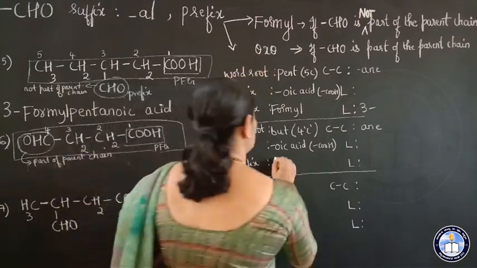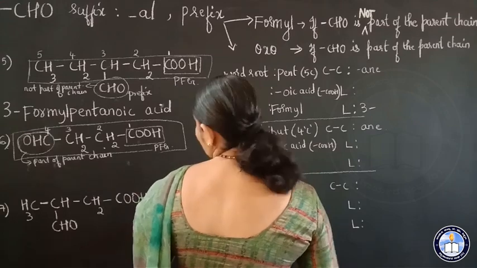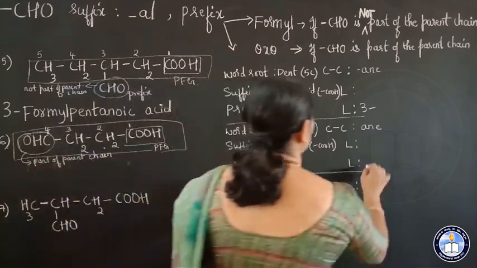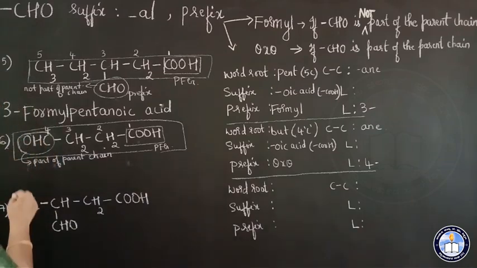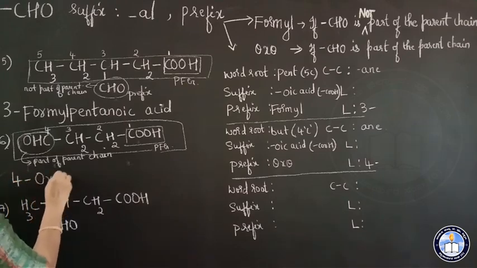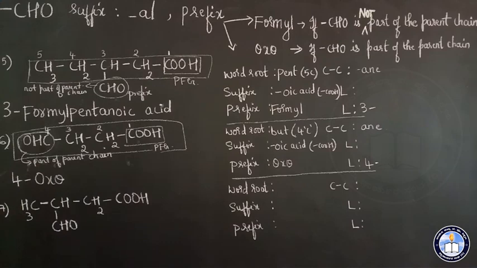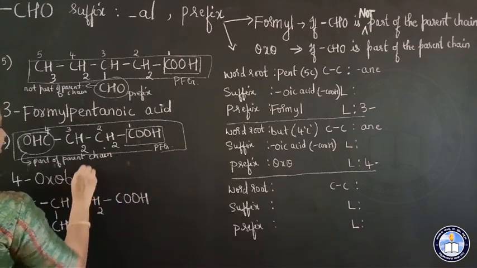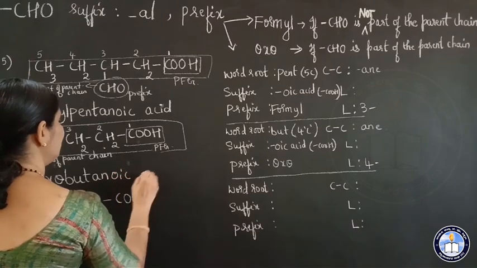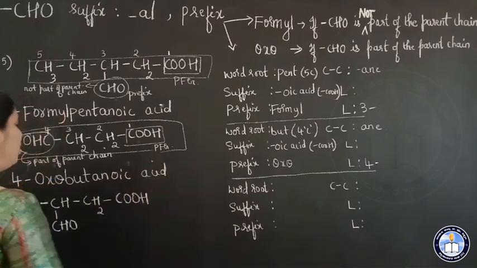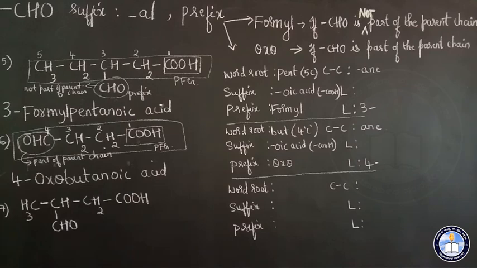Oxo. So oxo is the prefix. Locant, 4th carbon atom of CHO group. Now we will write 4 dash oxo. Prefix is over. Word root but, AN, E is removed and oic acid is written. So 4-oxobutanoic acid.